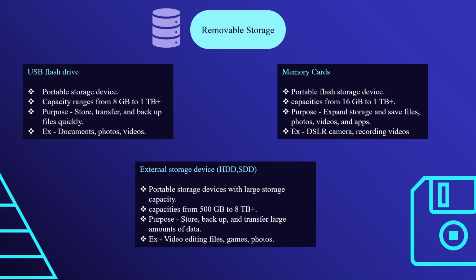It's commonly used for documents, photos, and videos. Next are memory cards, which are also portable flash storage devices, typically ranging from 16 gigabytes to over 1 terabyte. These are especially used for expanding storage on devices like DSLR cameras, where they're used to save high resolution photos and videos while recording.